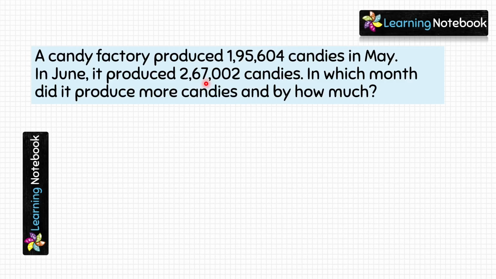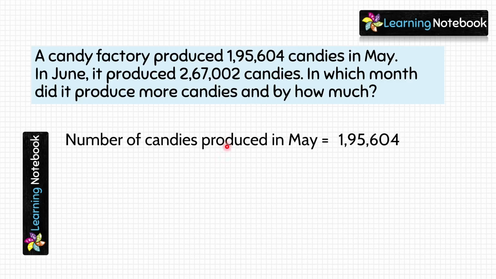So students, we can clearly see in the month of June, more candies were produced. Now, next we have to find how many more candies were produced. So to find it, we have to subtract these two numbers. Okay? So let's solve it.